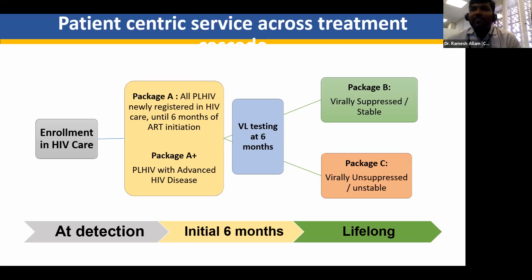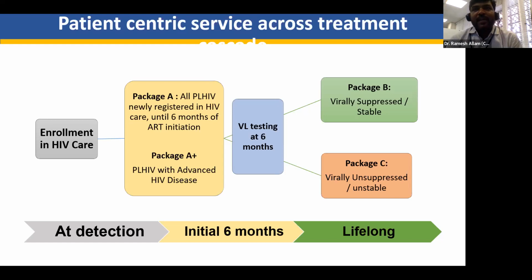So they can be offered something else. And package C should be offered something else within the ART center, and A plus also. So this differentiated patient-centric service across the treatment cascade is one very important tool for us to understand what service the patient in A plus, B, and C should be offered within an ART center.